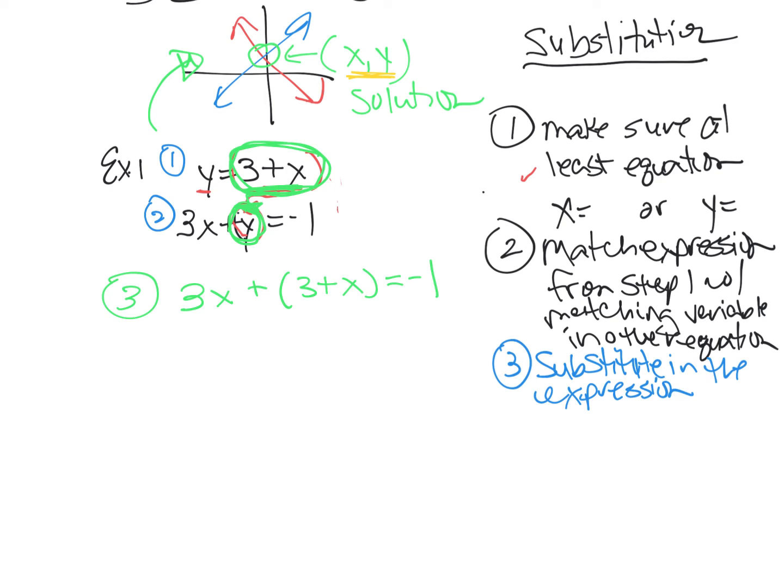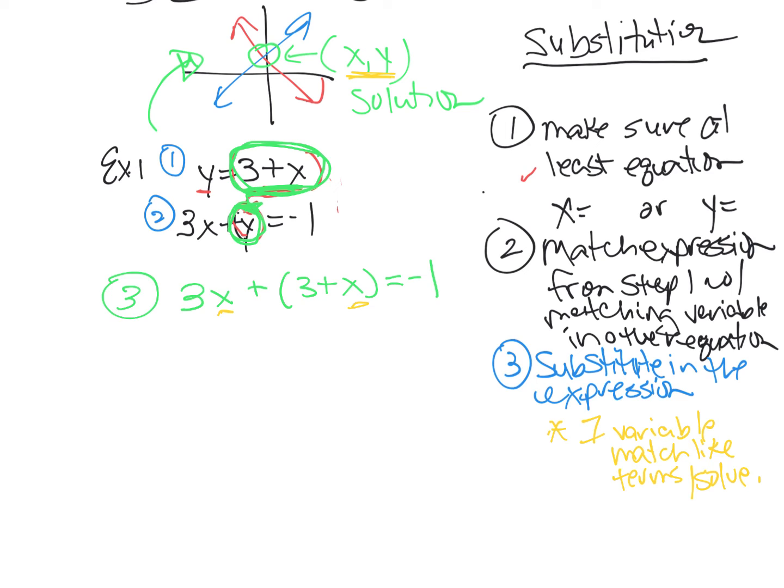So the y's both have to be the same thing, okay? So remember, key note here, notice here I have an x and an x. There's no y in step 3. So you have one variable and then you match like terms, right? And you're going to solve.